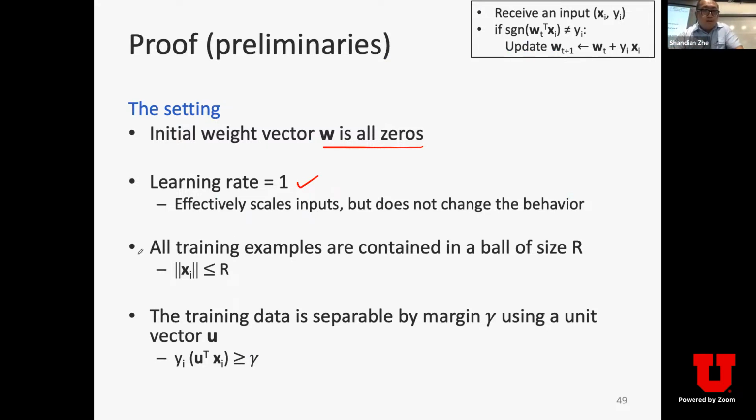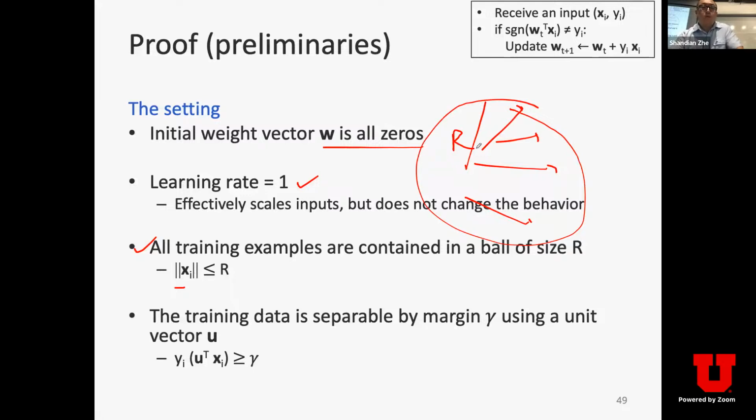And the first precondition: all the training examples are contained in a ball of size R, meaning that the length of each input vector is less than or equal to R. So you can imagine that this is your training input, and they are all contained in a ball with radius R. And the second precondition is that the training data is separable by a unit weight vector u with margin gamma.